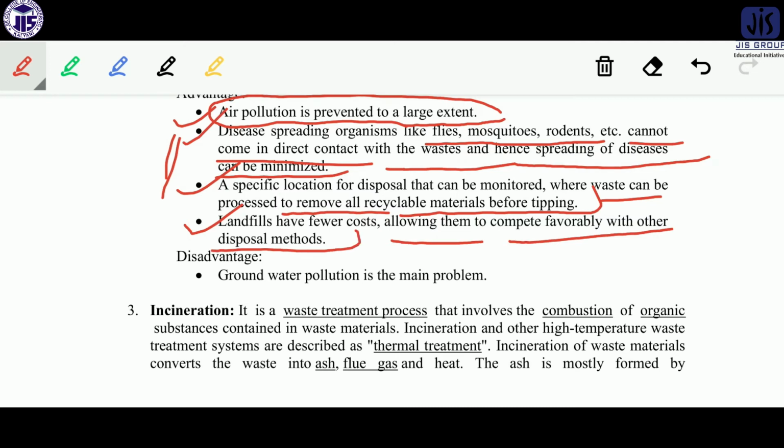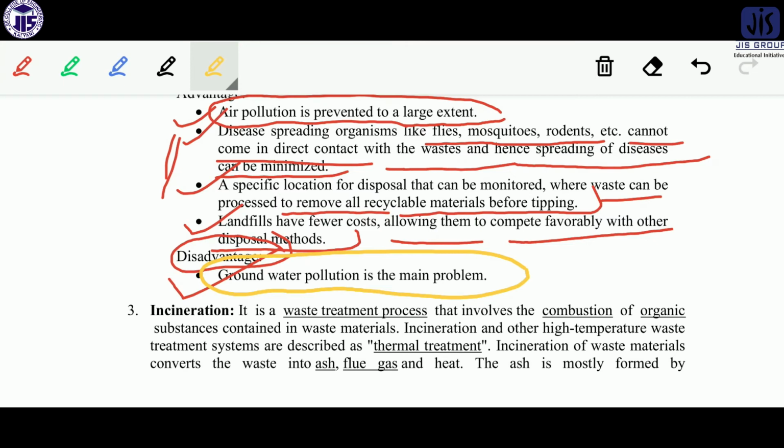Disadvantage: there is a huge disadvantage regarding groundwater pollution. You have to keep in mind, it is a bigger disadvantage, because when biodegradable components, that means organic components, decompose, some carbon dioxide is produced, and some carbon monoxide also. In the presence of water it can produce carbonic acid, H2CO3.